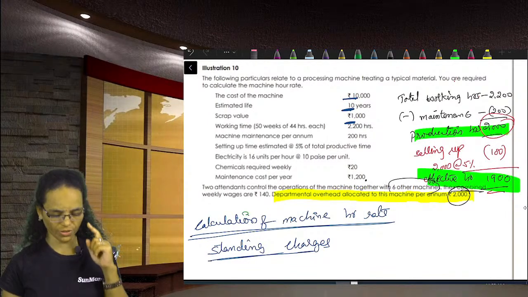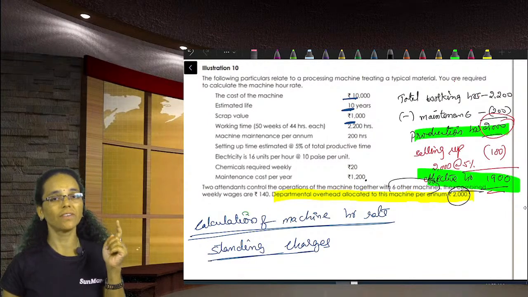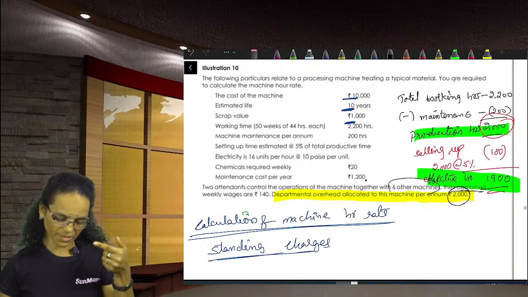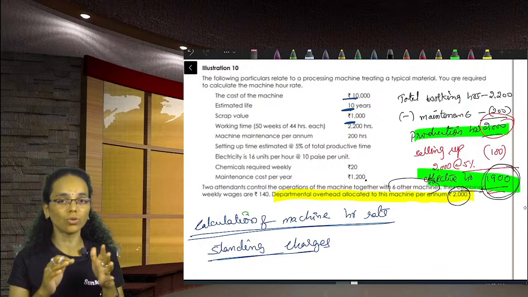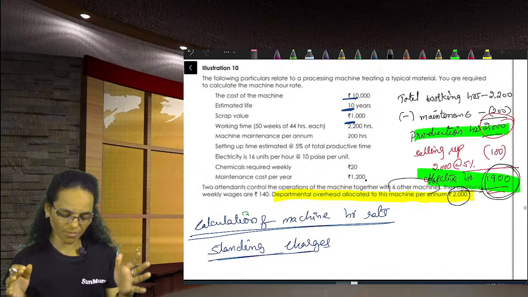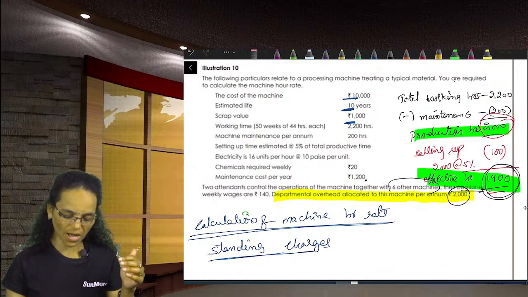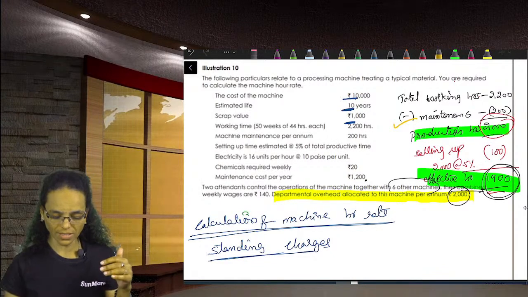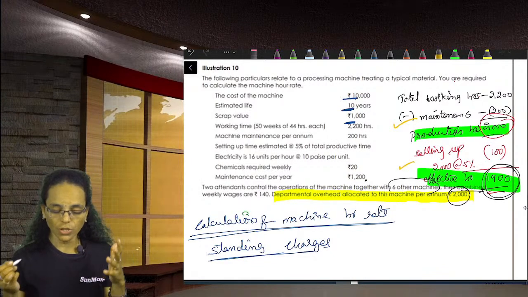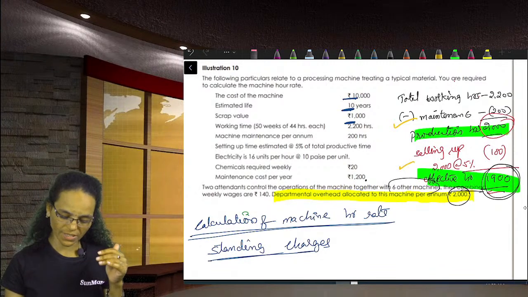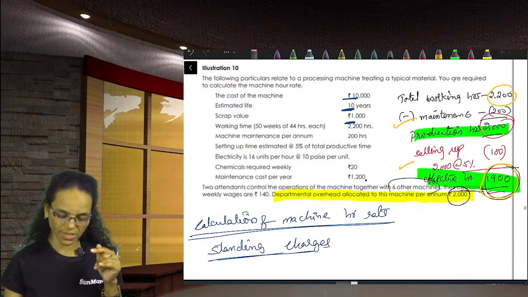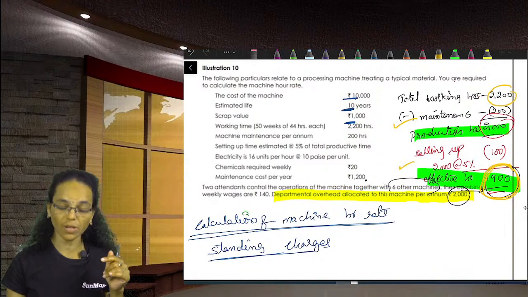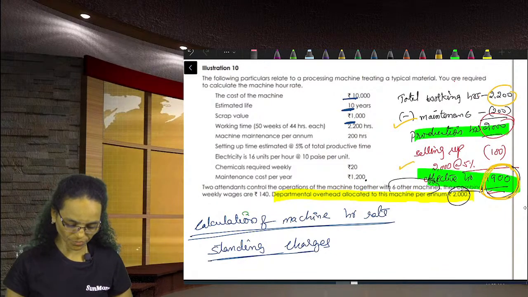In this question actually they have assumed depreciation is a variable portion, as the number of machine hours are varying from the total machine hours. Means why I am saying like this, see there are some hours taken for the maintenance, there are some hours taken for the setup time. So that is the reason only 1900 hours are productive hours out of 2200 hours in a year. So that is the reason they are taking in this question depreciation as a variable portion.